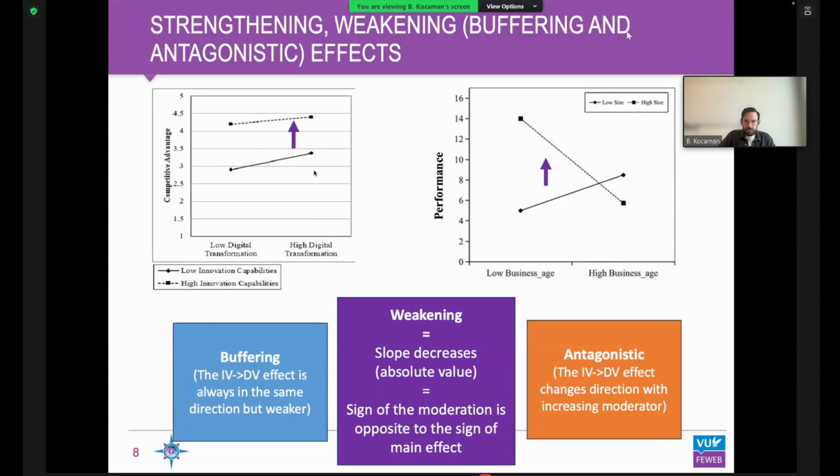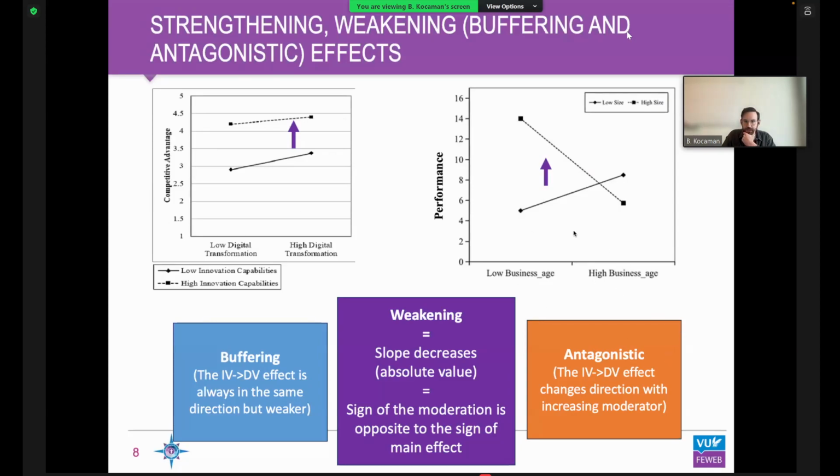So this moderator, the innovation capability, actually buffers the effect between digital transformation and competitive advantage. Does that make sense? Because you see a buffer. When you have a higher innovative capability, the effect of digital transformation becomes less of a thing for competitive advantage.